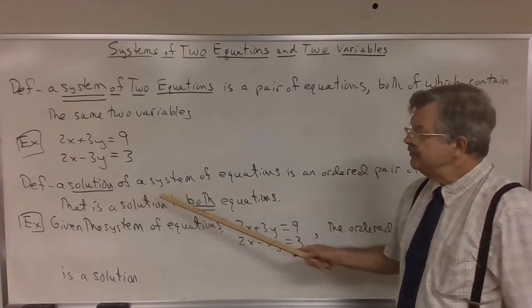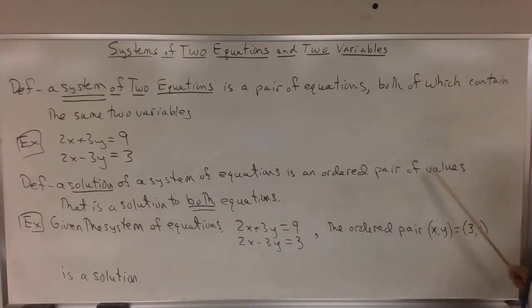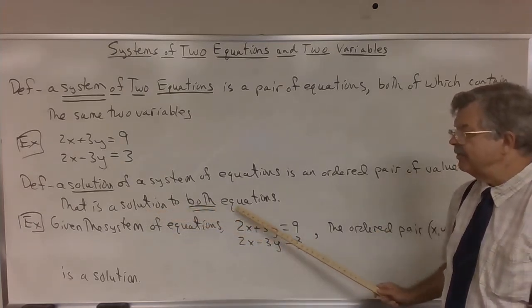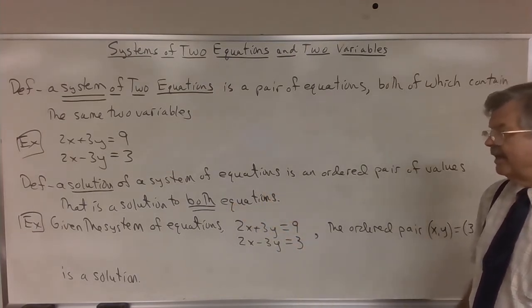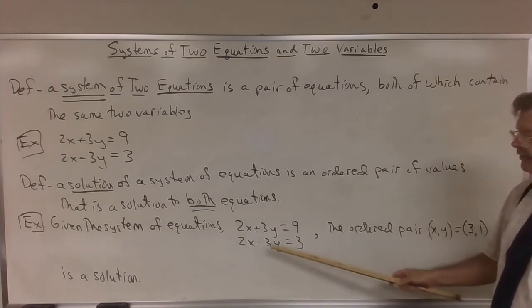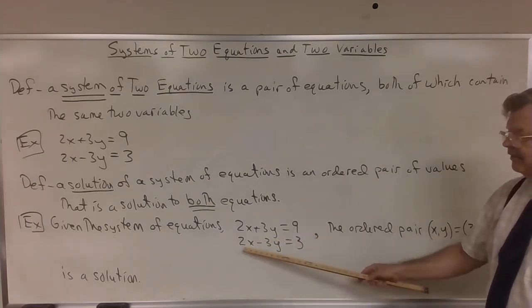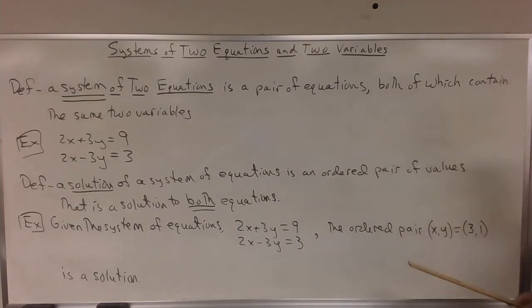A solution of a system of equations is an ordered pair of values that is a solution to both equations. So for example, consider the system of equations 2x plus 3y equals 9, 2x minus 3y equals 3.